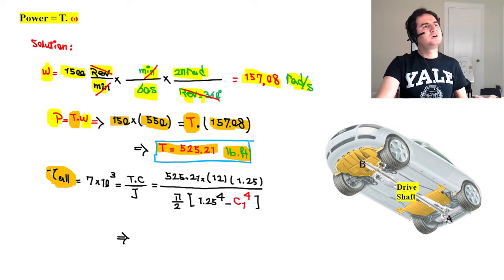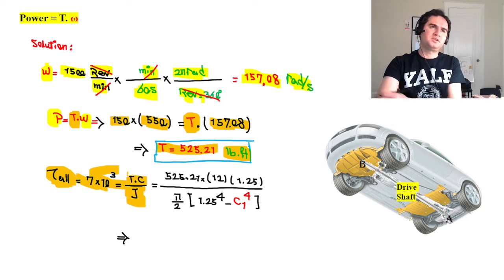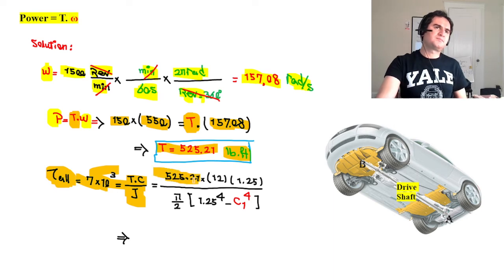As soon as you know the torsional torque, based on the torsion formula, tau allowable, which is provided as 7 ksi, is equal to Tc over the polar moment of inertia. We got the torsional torque, but let's convert that. The torsional torque is 525 pound-feet.